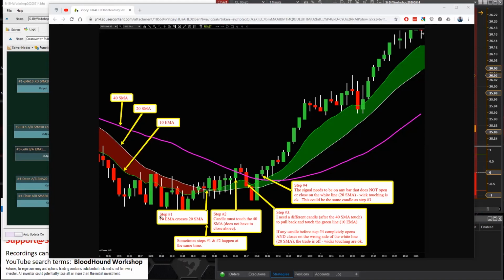Maybe we need a step 0, or included with step 1, you need all these SMAs stacked in the opposite direction, right? The slower one on top, the faster one on the bottom, something like that. Okay, so I guess not. All right, we'll just keep going then.